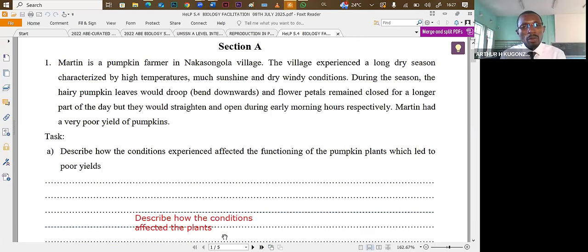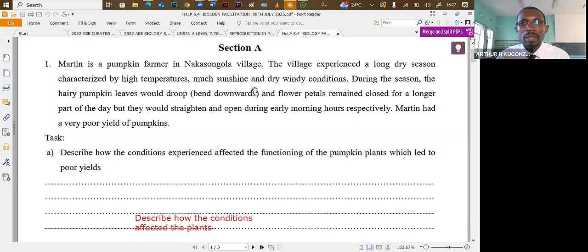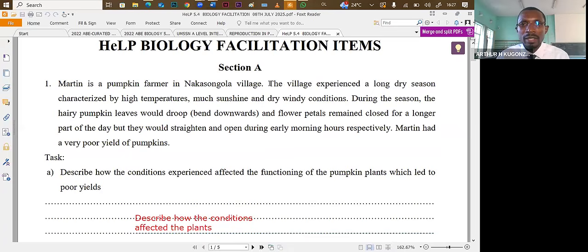So far I have read up to here that the village experienced a long dry season characterized by high temperatures. There is nothing that I'm looking for. Take note, I'm not looking for the conditions. I'm looking for how the conditions affected the plant.